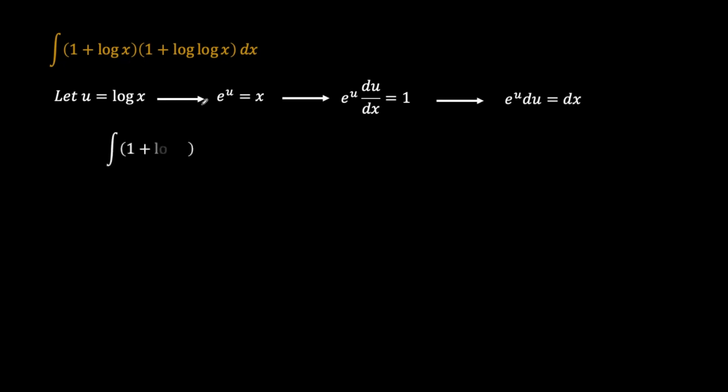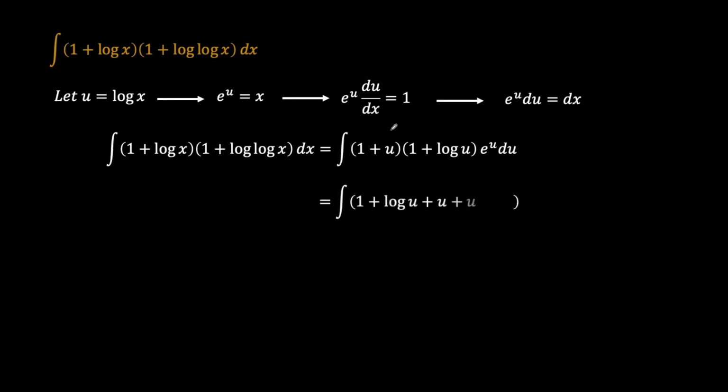So bringing in our problem now, where you see log x, we could plug in u, and where you see dx, we plug in e to the power u du. So this is what we've done. For this log x, we put u. For this log x here, we put u. And then for dx, we put e to the power u du.